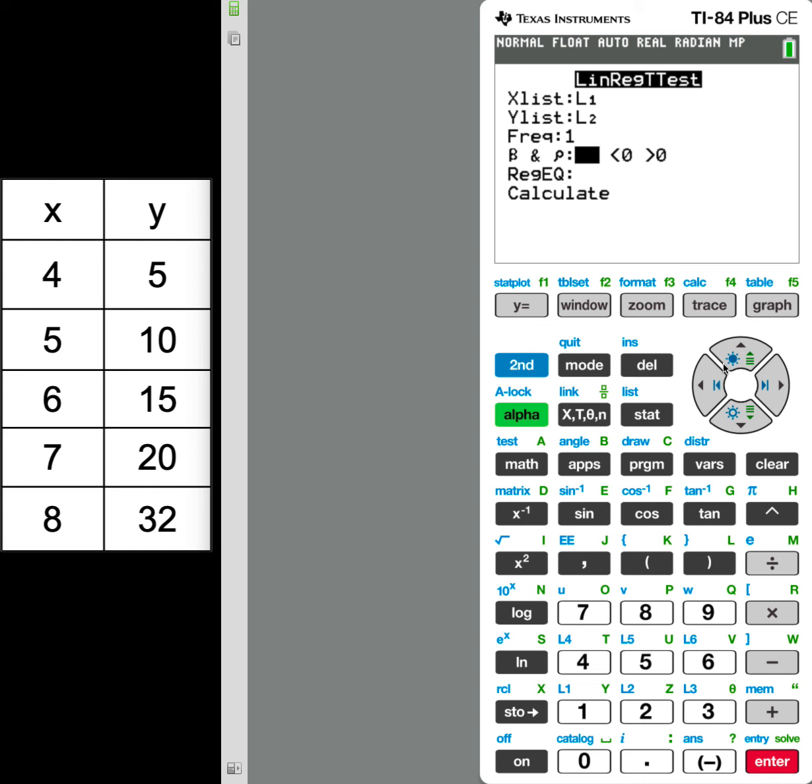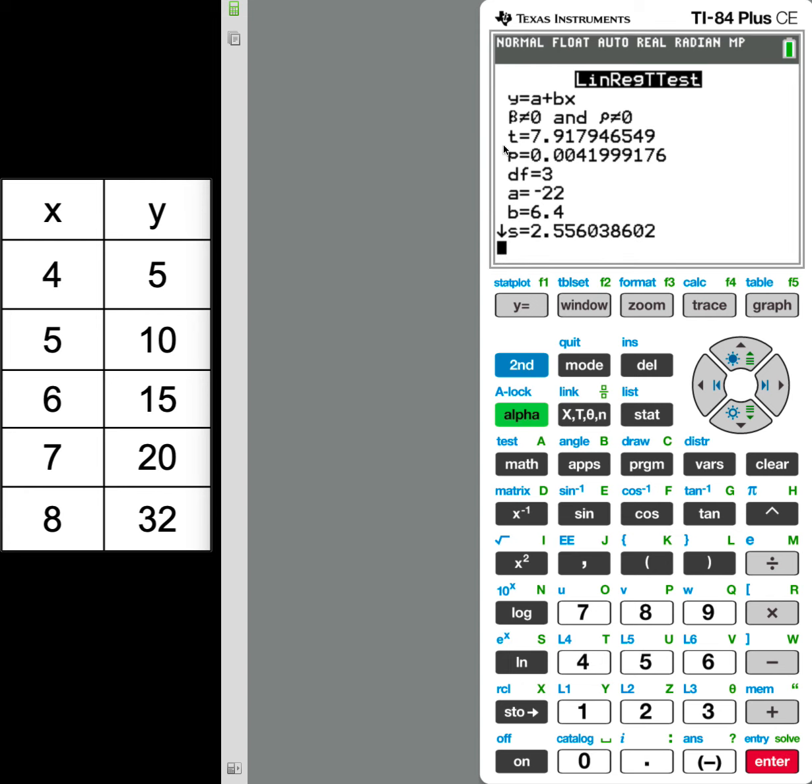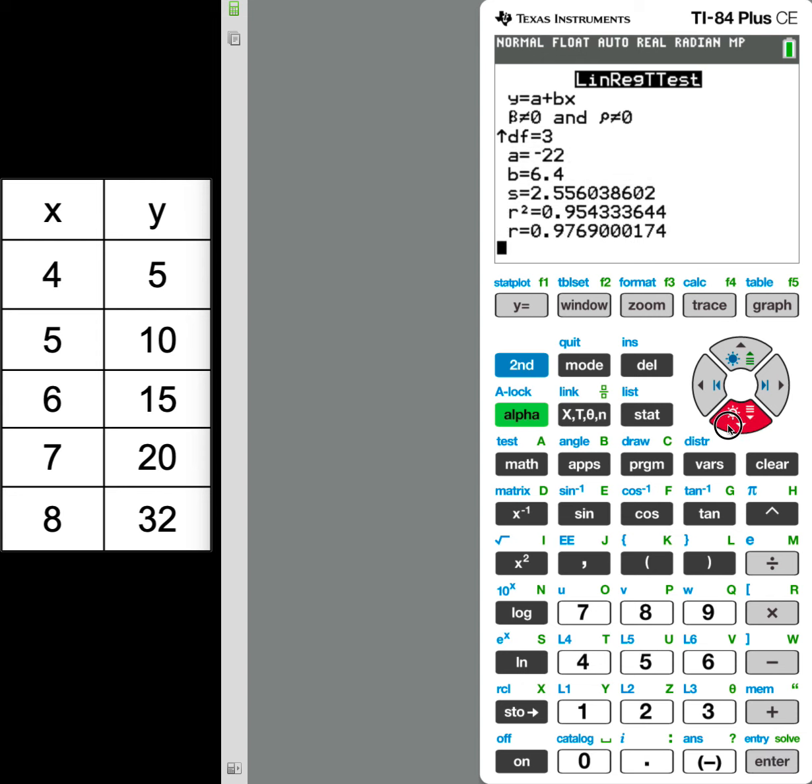I can run the test here for rho. I don't think we use the test statistic. We really only use the p-value method when we're running a test for rho in this particular class. But I can determine the regression equation and the correlation coefficient. If I want r squared, I can do that too. So everything is in this one spot.